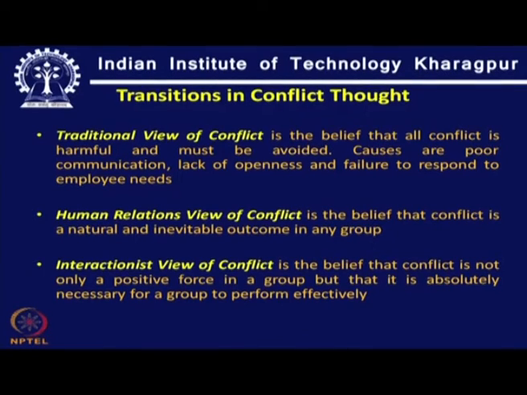So, the traditional view of conflict is that conflict is generally harmful in nature and should be avoided. It is a dysfunctional view of conflict, which treats conflict as arising from poor communication, lack of openness, and failure to respond in a certain way.